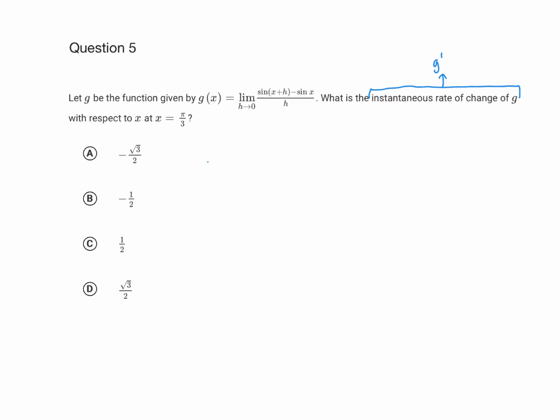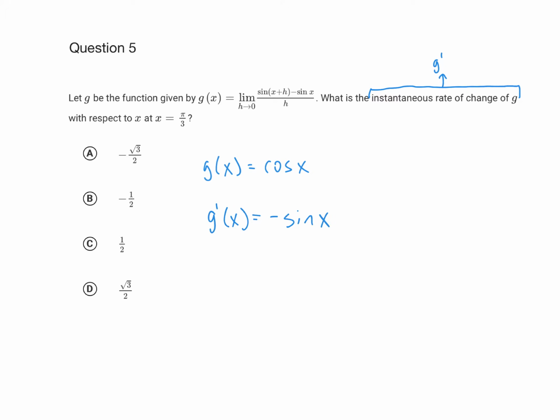And so really g, not g prime yet, we can translate this. This is the derivative of sine, and so that's cosine x. Okay, so we had to find a derivative just to get what g is, and then now we'll take another derivative. So to get g prime, now we take the derivative of cosine, which is negative sine.